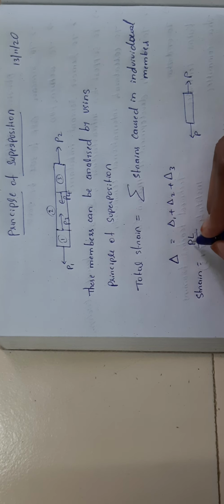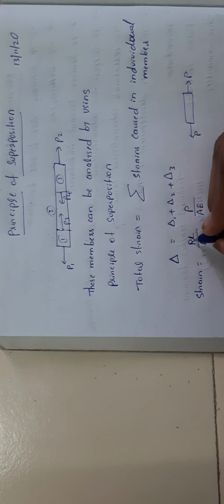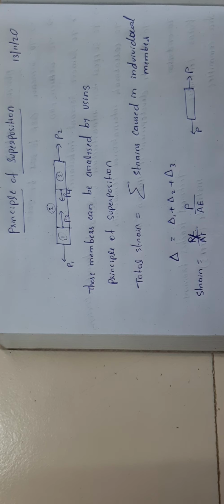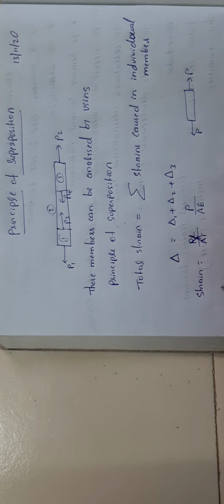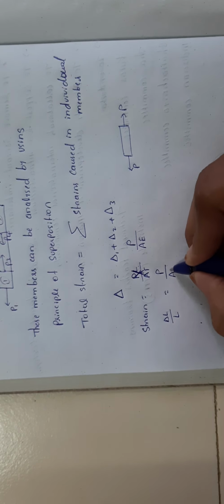So this is not PL by AE, it is P by A. Strain is nothing but delta L by L. You can write strain as delta L by L equal to P by AE.